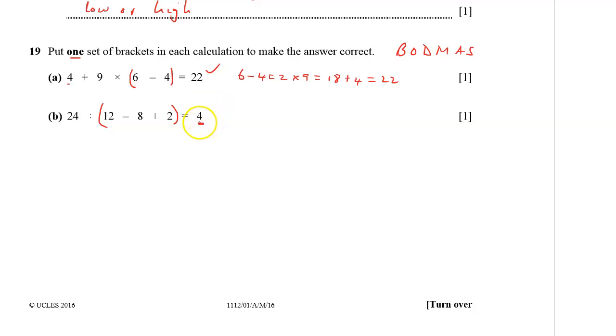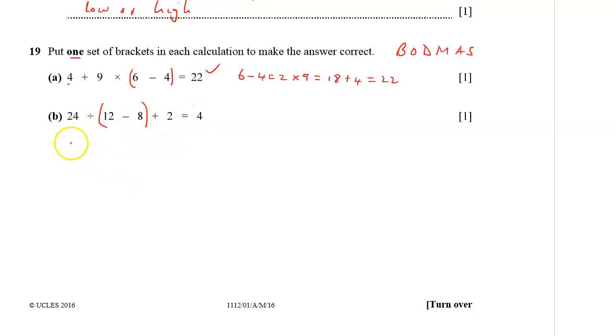Not put it there. I'll put this bracket right here. So this 12 minus 8 will give me 4. Okay. 12 minus 8 will give me 4. And 4 plus 2 will give me 6. And then 24 divided by 6 will give me 4.